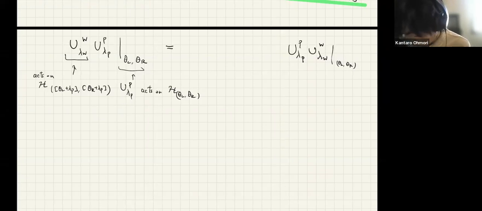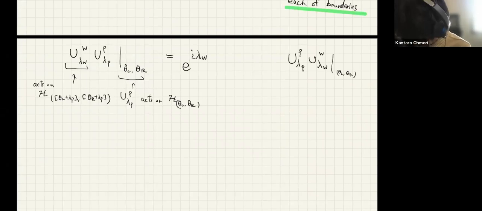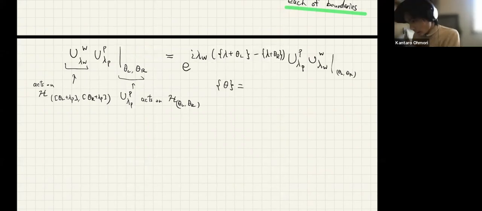But there's a proportionality constant, and that's lambda W of lambda P plus theta L minus lambda P plus theta R, where this curly bracket of theta is theta minus square bracket of theta.